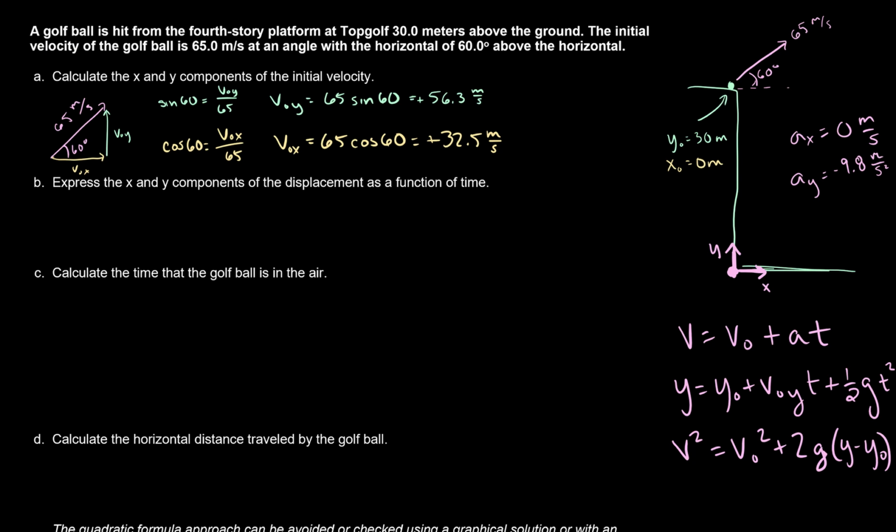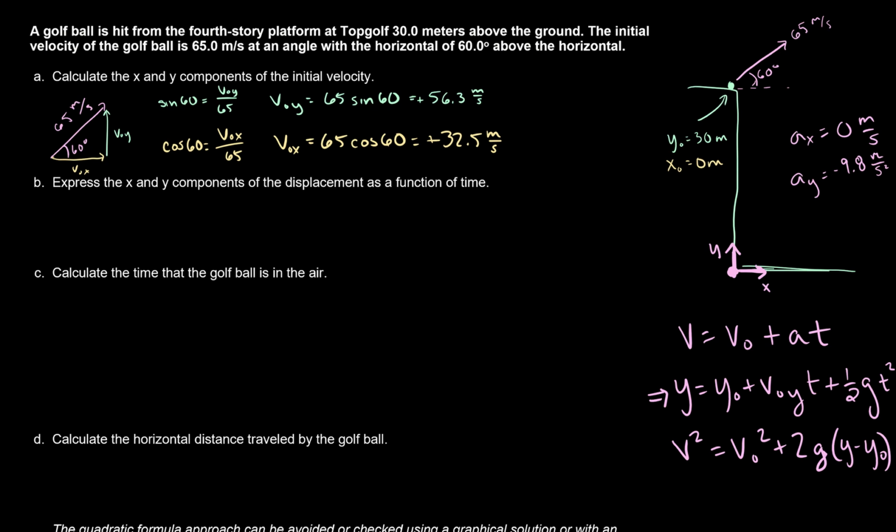So which one of these would give us the displacement as a function of time? Well, our equation here gives us displacement as a function of time. In the y direction, I have that one written, but let's plug in the values that we know.